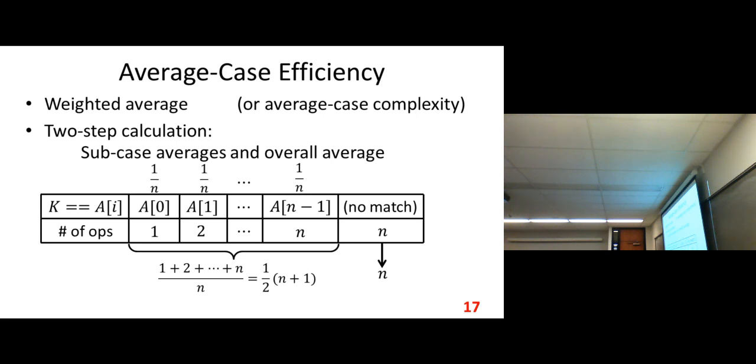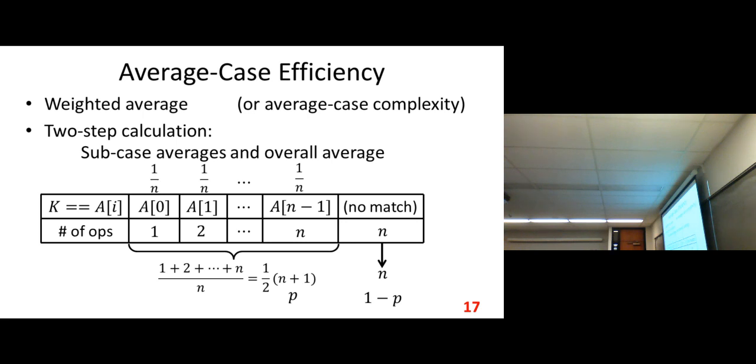So the last step, calculate the weighted average. The first subcase has probability P, the second subcase has probability 1 minus P. How to calculate the weighted average? That's straightforward. Next slide, we find it.